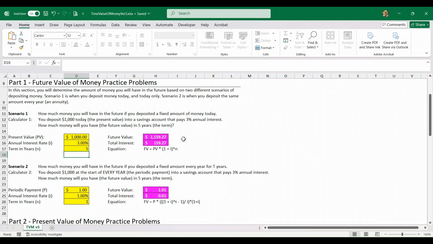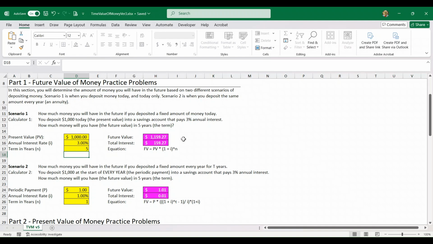But this assumes what we call annual compounding. Since the term is expressed in years, we're going to get interest on our interest. So in this particular case, at the end of year 1, we're going to get paid $30 worth of interest.